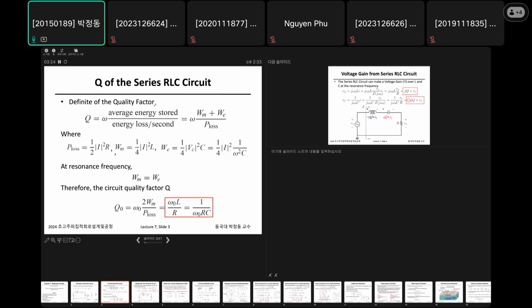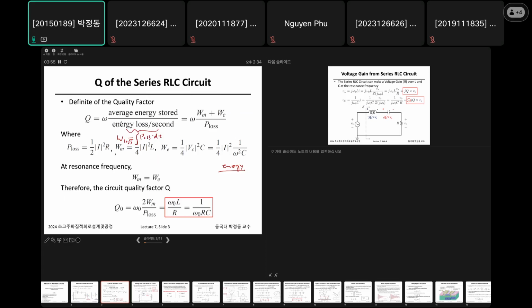The fundamental meaning of the quality factor is given by this, which is just the stored energy divided by the energy loss per second. Loss per second means this is a power loss, and power multiplied by dt, when you take the integration, is the energy loss.